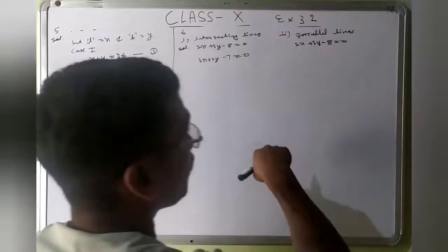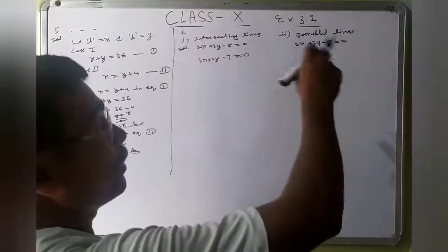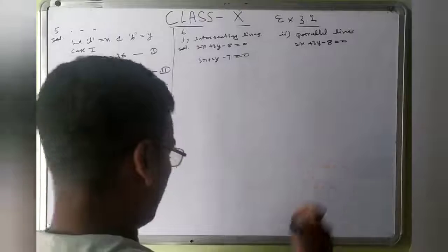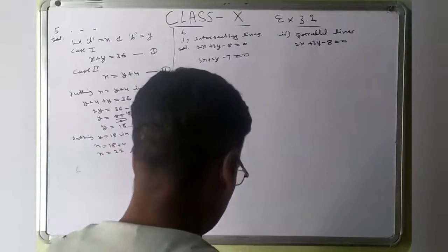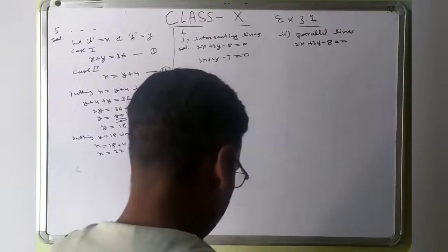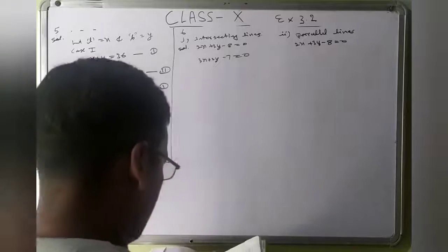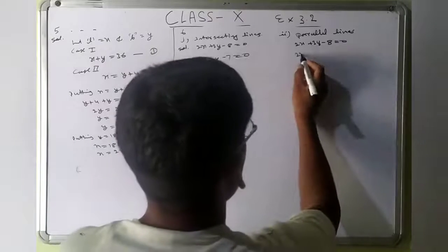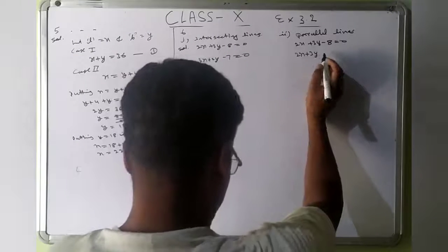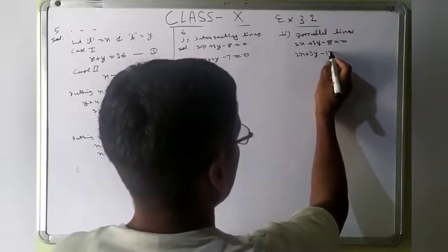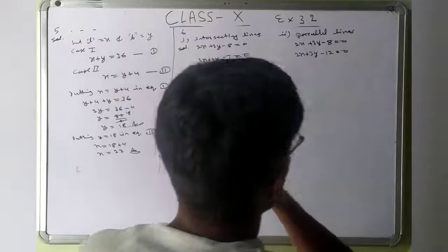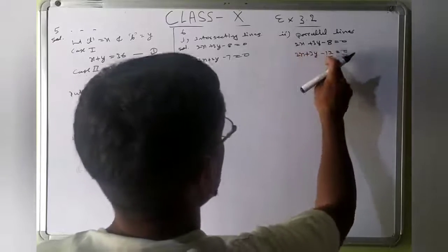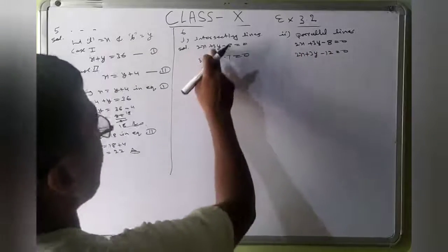It means a1 upon a2 is equal to b1 upon b2 but not equal to c1 upon c2. By the table, the equation can be 2x plus 3y minus 12 is equal to 0, because these two ratios are equal, and this one is not equal.